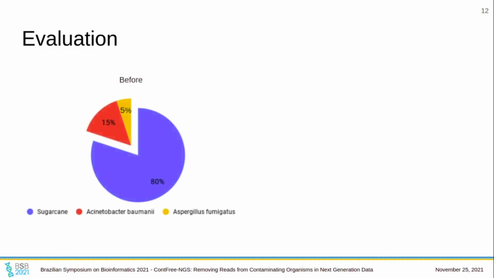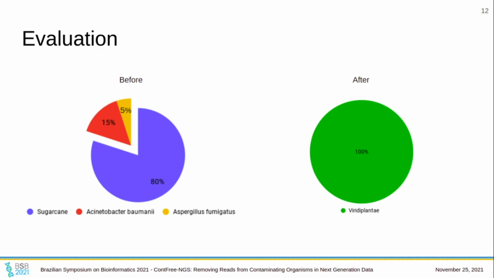In the final step of the evaluation, we looked at the numbers of sequences in the datasets. That is the distribution before the contamination removal, and after the contamination removal, selecting the plant taxon as the target taxa, we can remove all the contamination with ContFree-NGS.